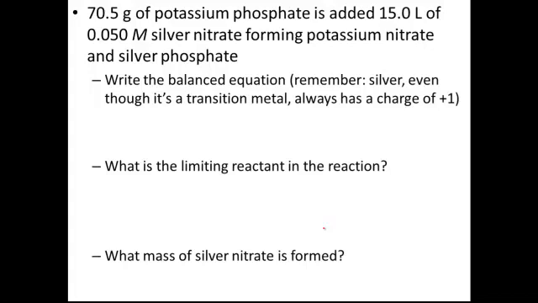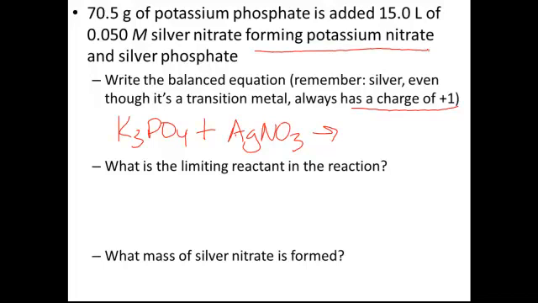So 70.5 grams of potassium phosphate. So potassium phosphate to me is K3PO4, is added to 15 milliliters of silver nitrate. And silver always has a charge of +1, so that's going to be AgNO3.